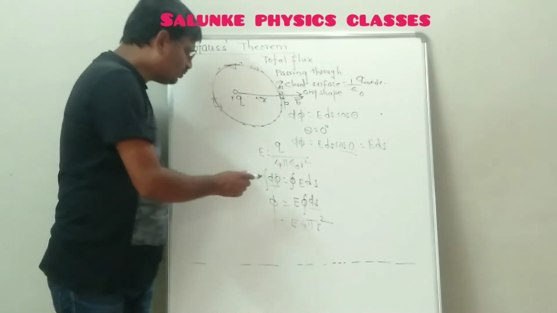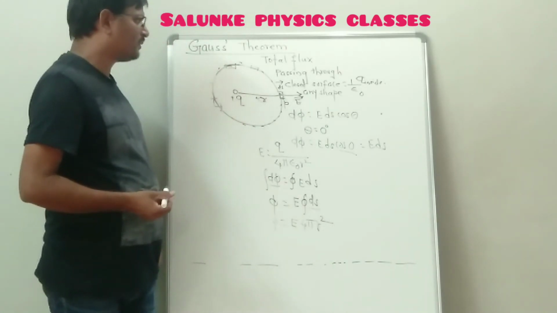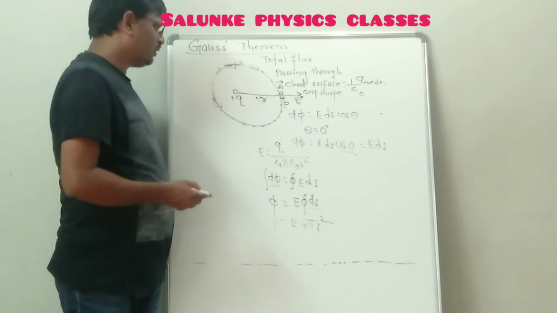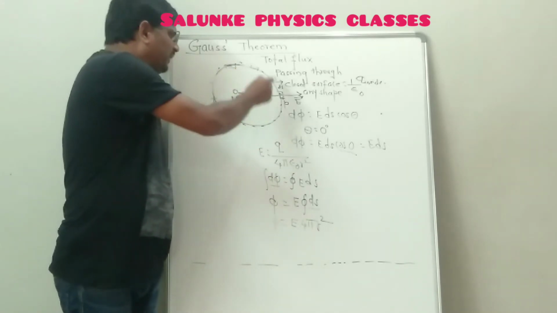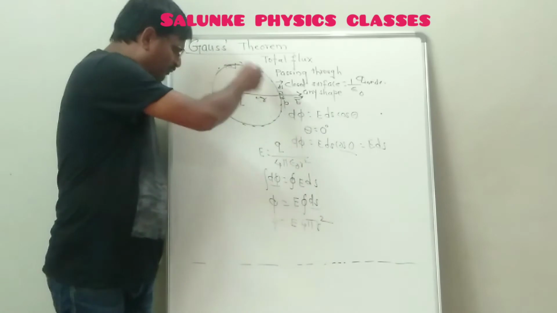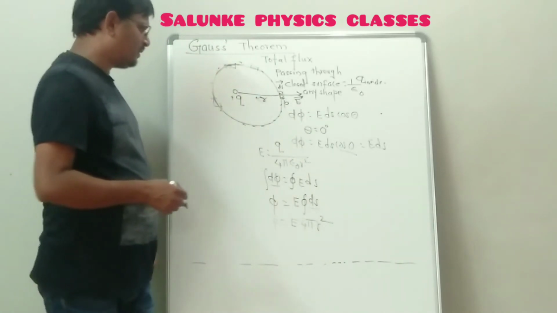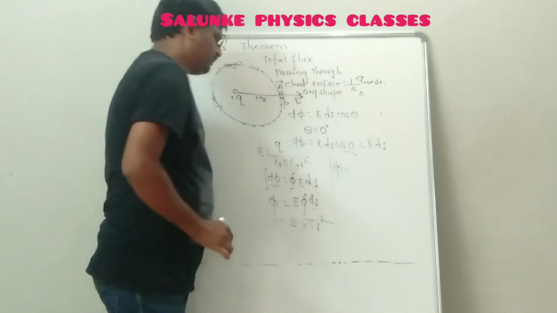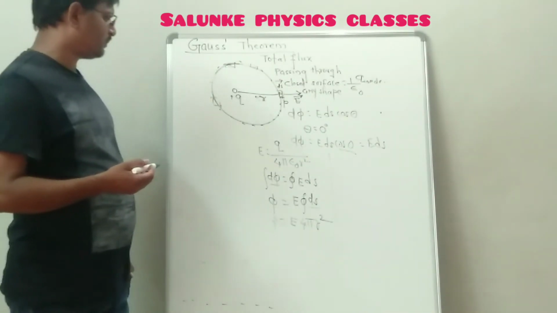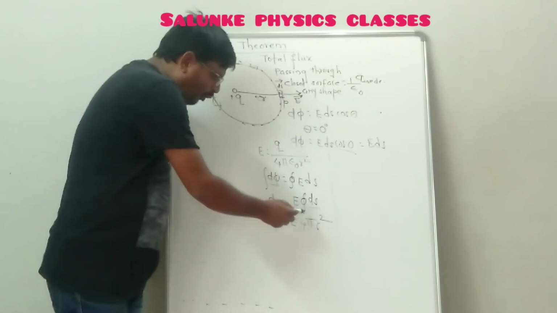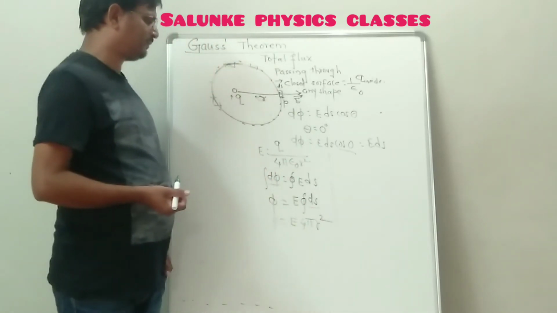This is the total flux passing through closed surface of sphere. Phi is equal to E into 4 pi r square.